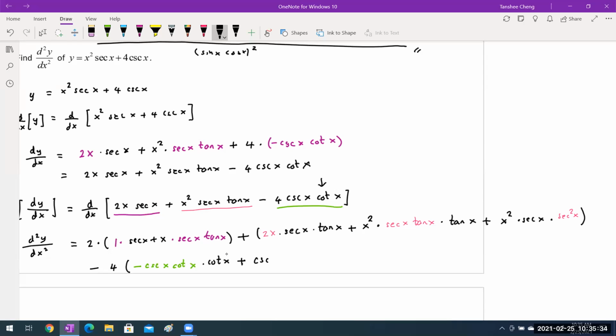So that will be cosecant x times the derivative of cotangent x, which is negative cosecant squared x. And that concludes the derivative of the third term.